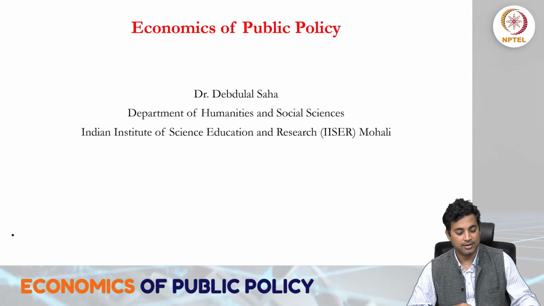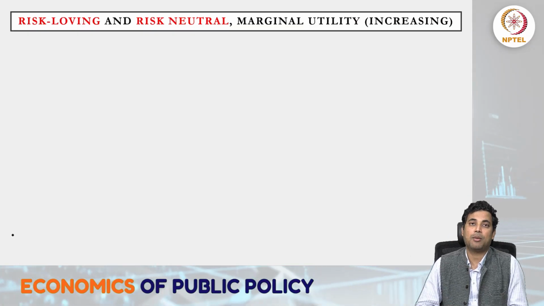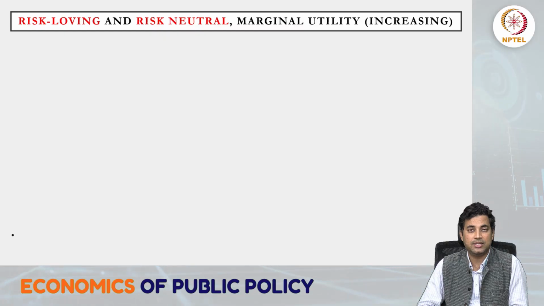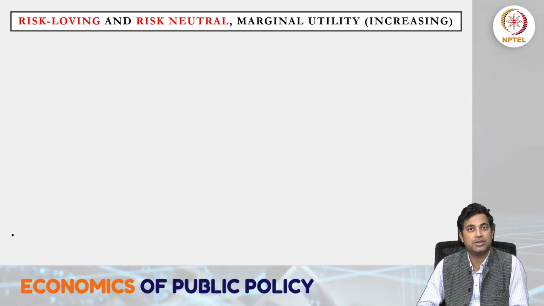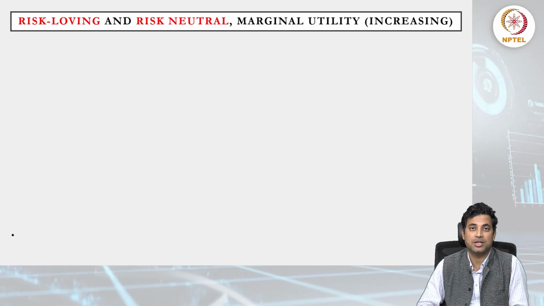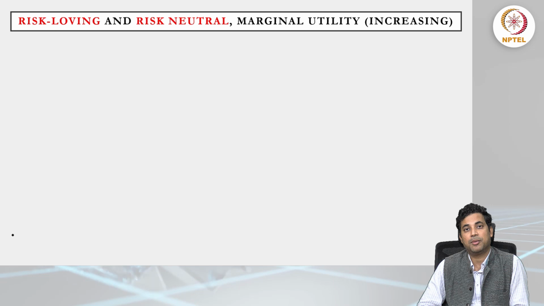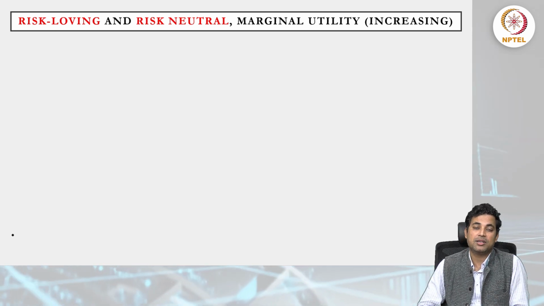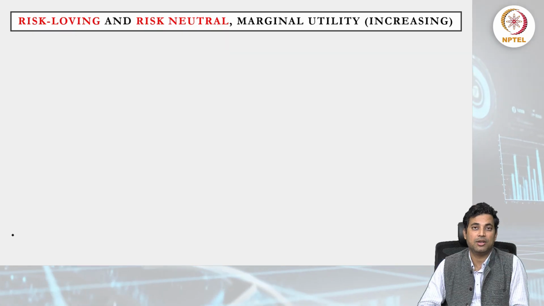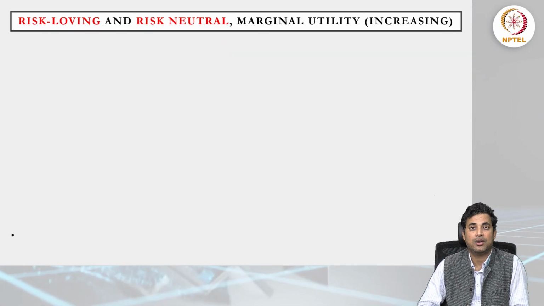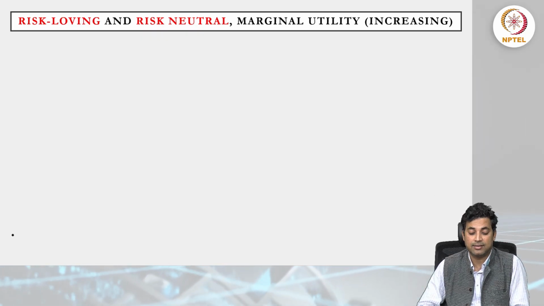So we began with an economic tool that we borrowed from consumer behavior, and that is utility. In utility, we generally take the example of the indifference curve as a measure, and then also the budget constraint, and that's how we get the optimization. I'm just revising what we already discussed.